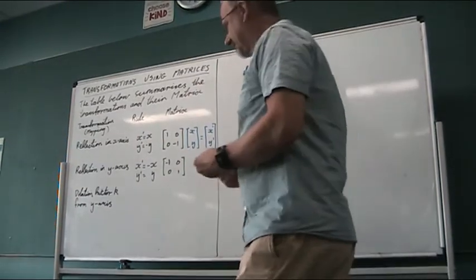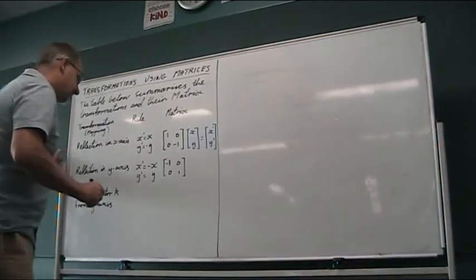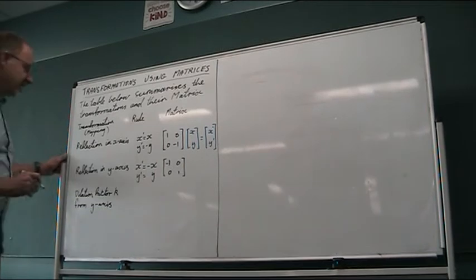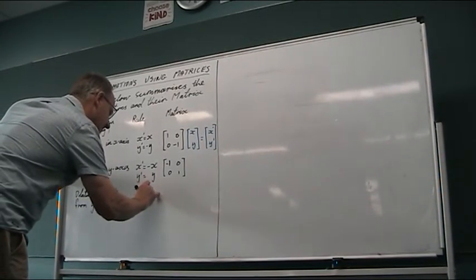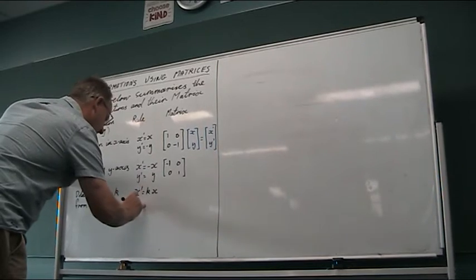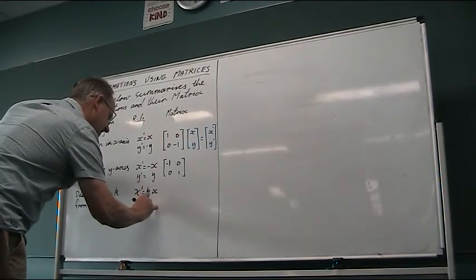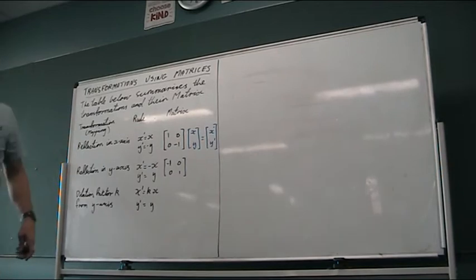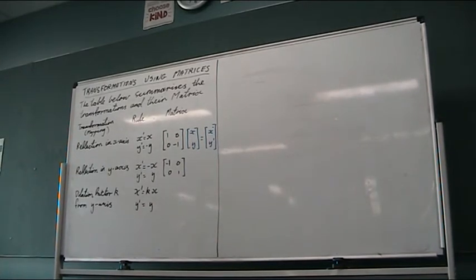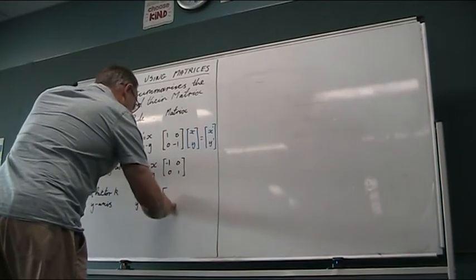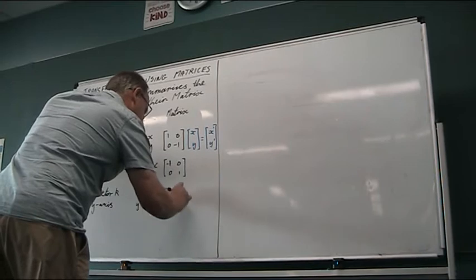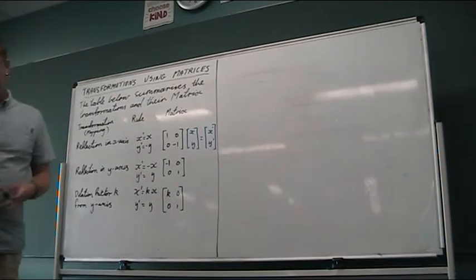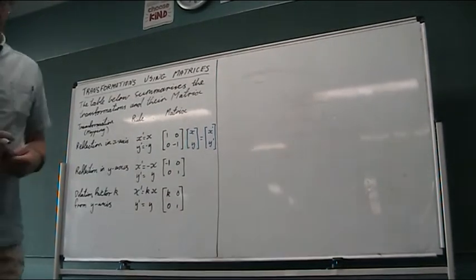The x. So x gets bigger: our new x, our image, is k times the old x, and our y values stay the same. And the matrix that does that has the k up the top.